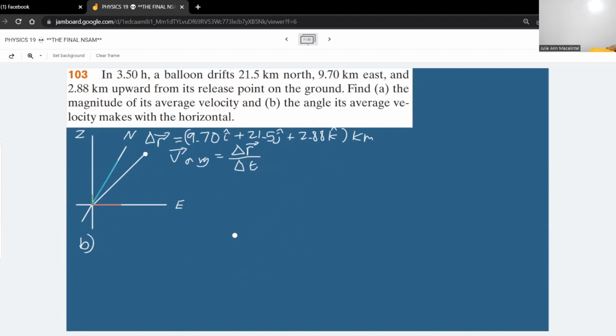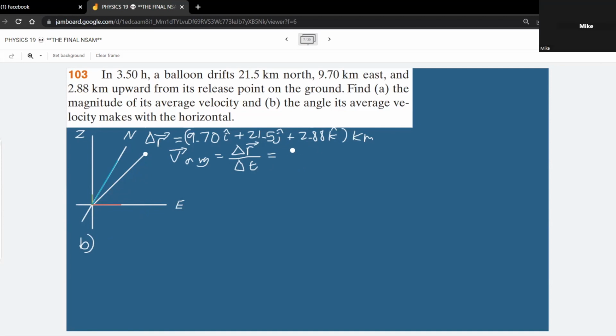2.88 yung angle, sige po. Hindi, ganito. Hindi, so computin mo kaya muna yung average velocity. Ano siya? Nandyan eh. Tapos anong delta t for this case? 3.5 hours.